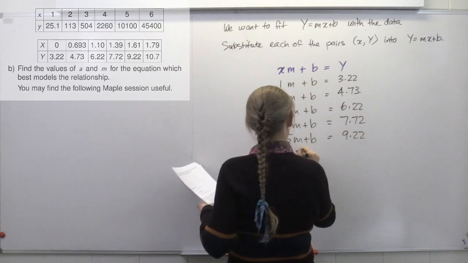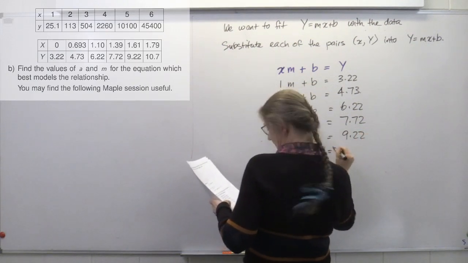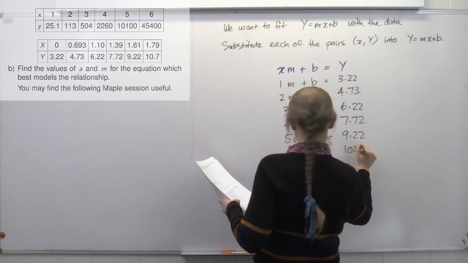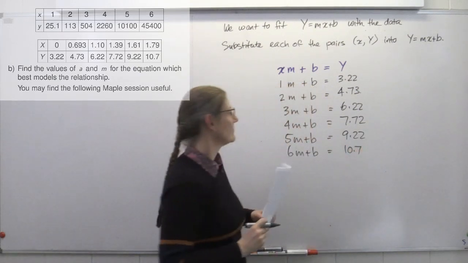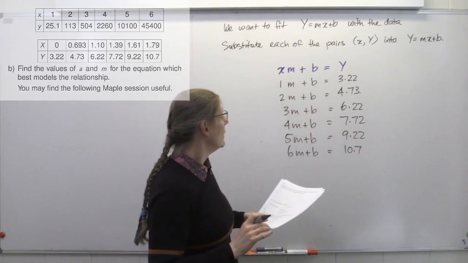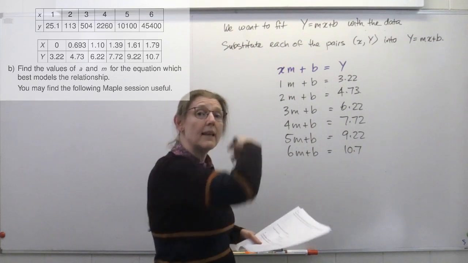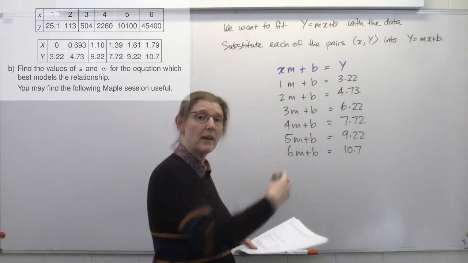And 6m plus b is equal to 10.7. So this is as if those points satisfy the equation.